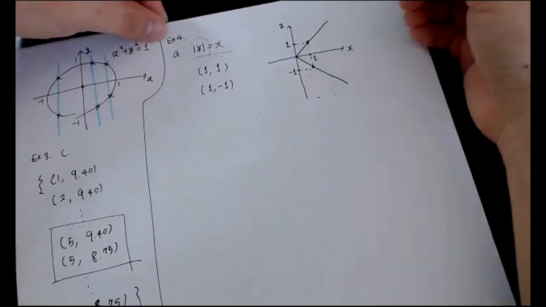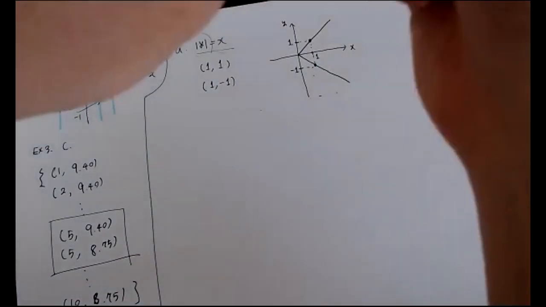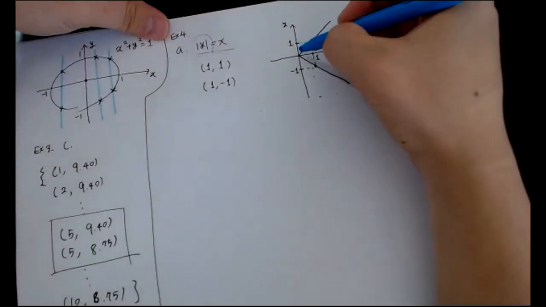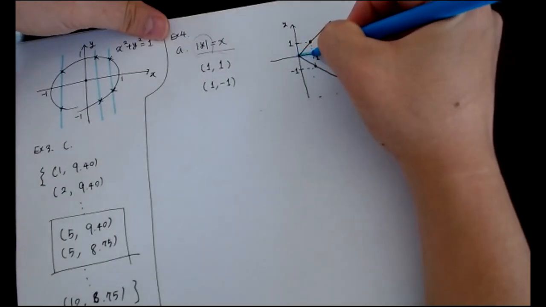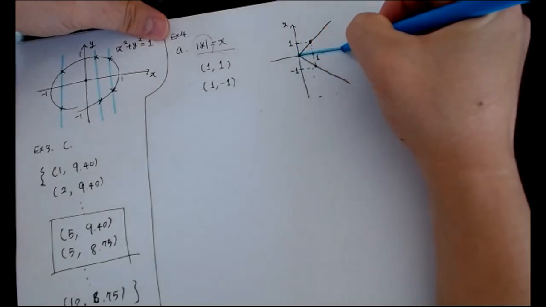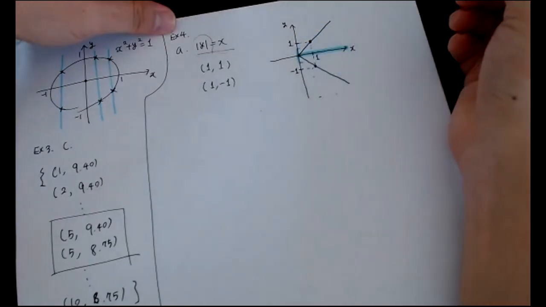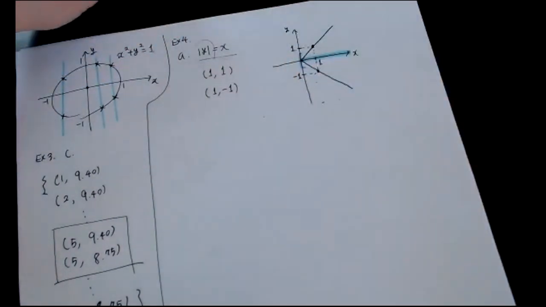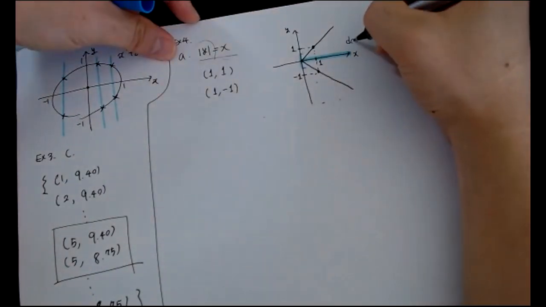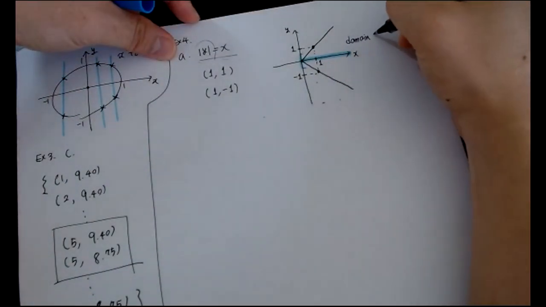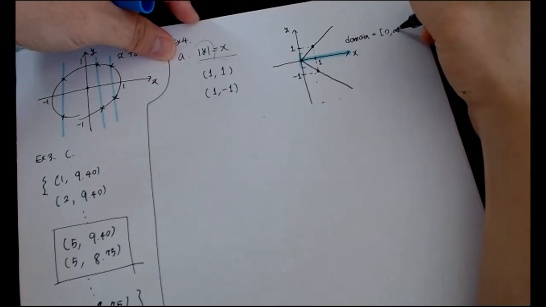X can be 0, and then 1. So x can be any positive real number, including 0. So the domain is 0 to infinity.